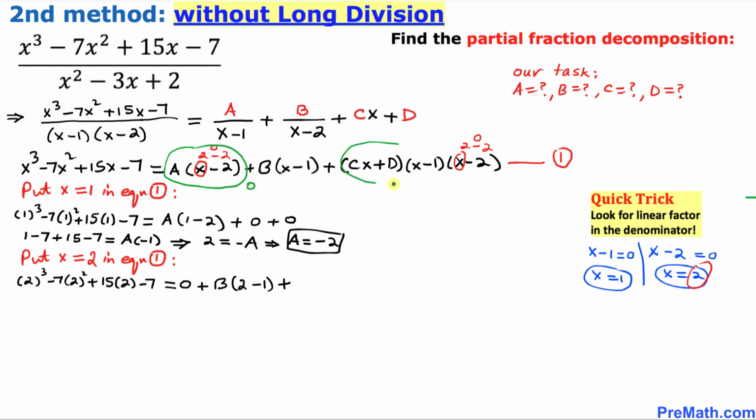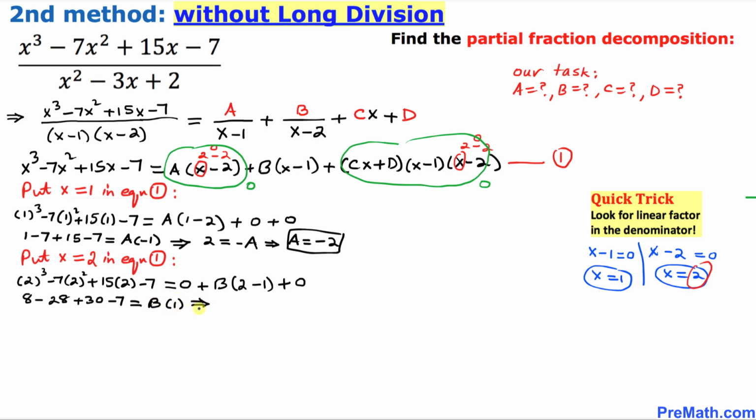0 times this whole term is going to become 0 as well. So I'm going to put down plus 0 over here. On the left hand side, let's simplify. That is 2 power 3 is 8, minus 7 times this becomes 4 is 28, plus 30 minus 7 equal to, here, that is going to become b times 1.